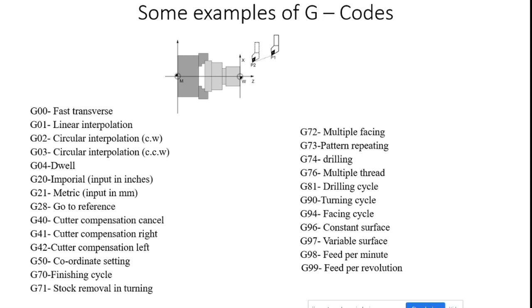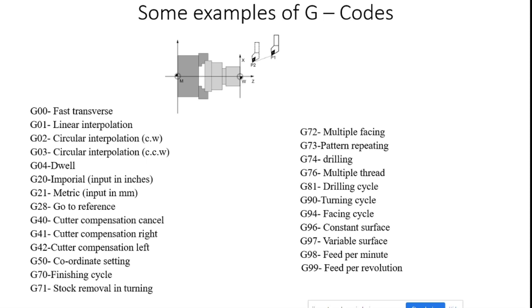How can I compensate for this? With the codes G40, G41 and G42. These are the codes I utilize for cutter compensation. From this I can reduce the dimensional errors caused by tool wear. After that, G50, which is used for coordinate setting.